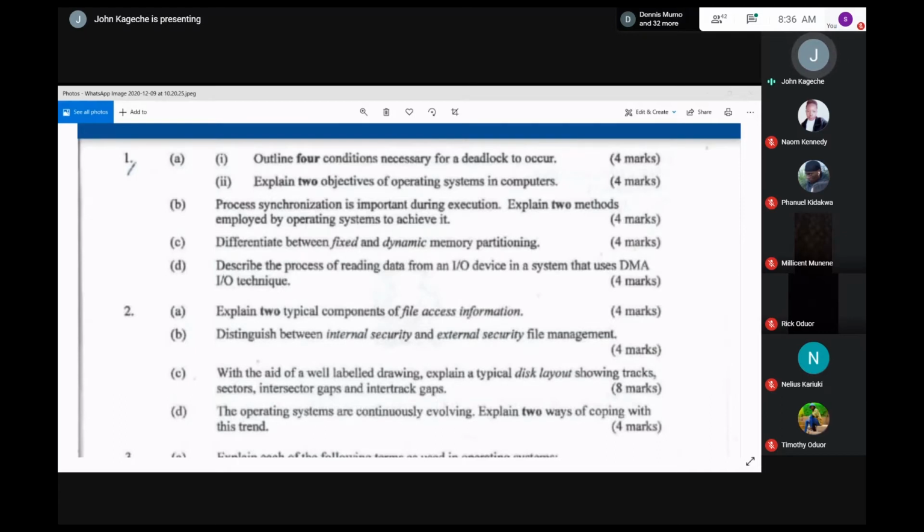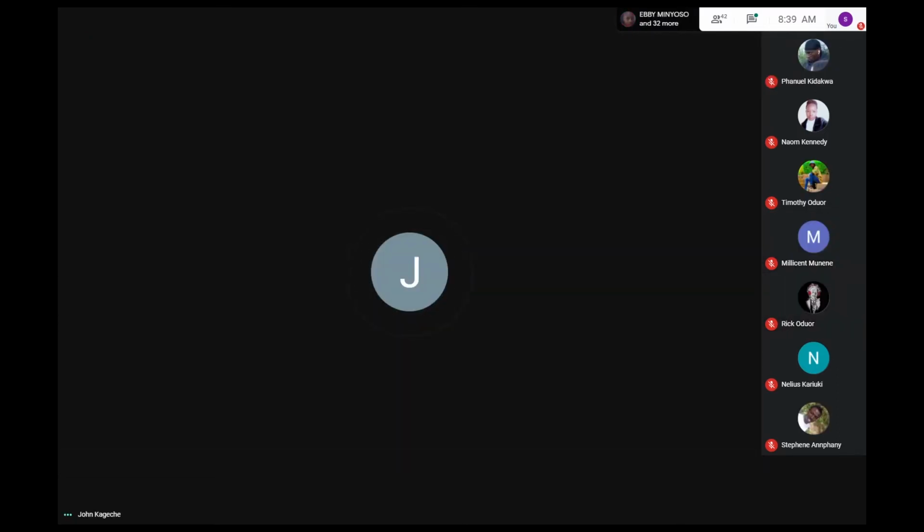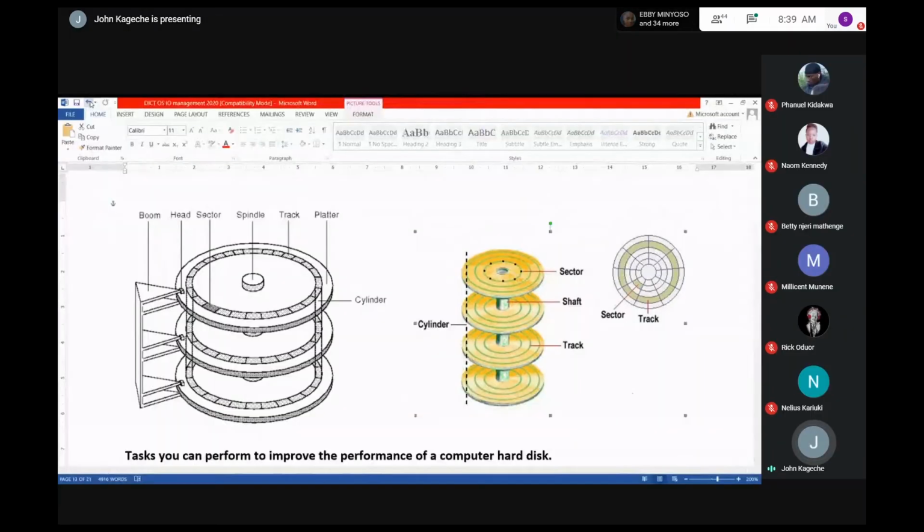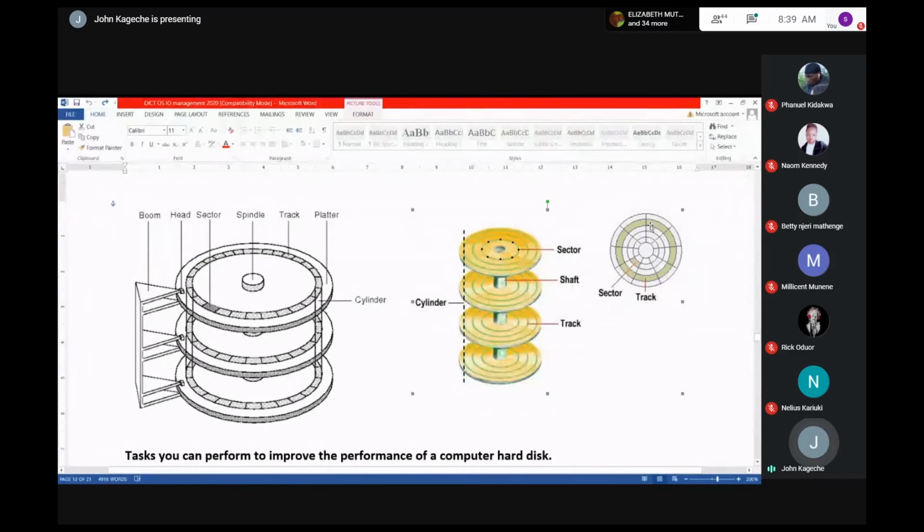I don't know whether I can go back to our operating system notes. File management. Was it under file management? That is a track, the concentric circle. If you look at the sector, of course, this is a sector, the way it is a pie of the platter.